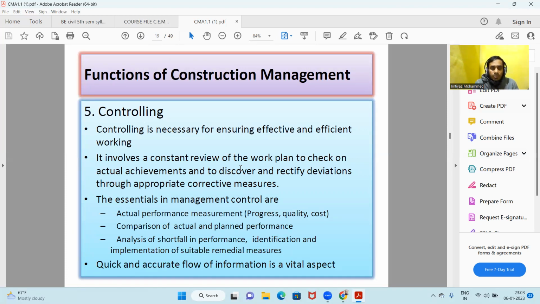Then we should also be able to analyze the shortfall in performance, okay, identification of key areas which are lagging behind, and then we should be able to implement certain remedial measures which can help us in speeding up the project. Okay, and quick and accurate flow of information is a vital aspect. We need to have proper information of the different works.